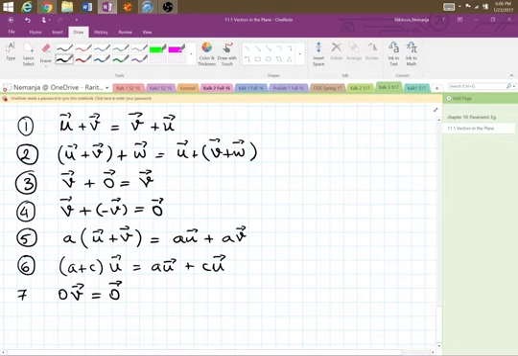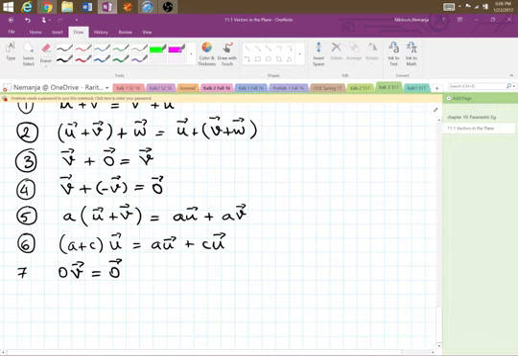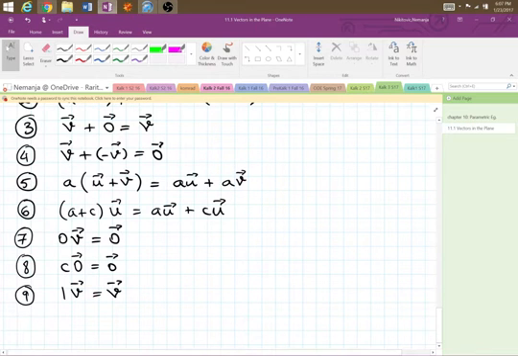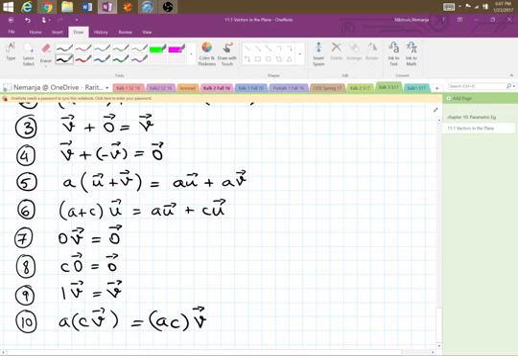Zero times vector v is 0 vector. c times 0 vector is equal to 0 vector. One times vector v is vector v. And finally, a times cv is ac times v, another associative property.